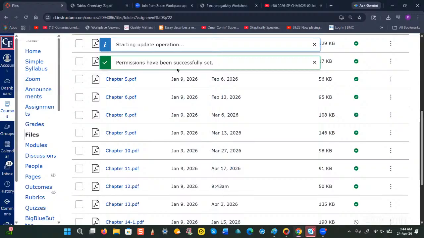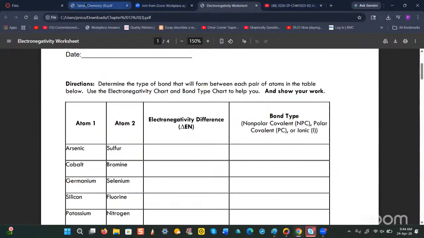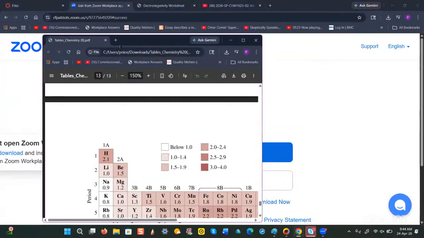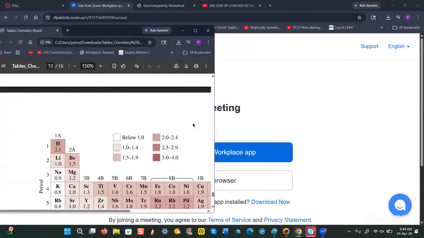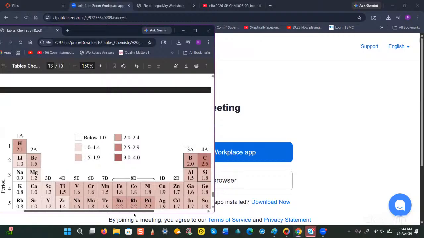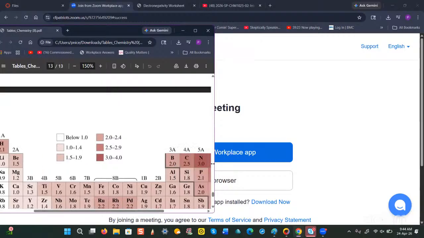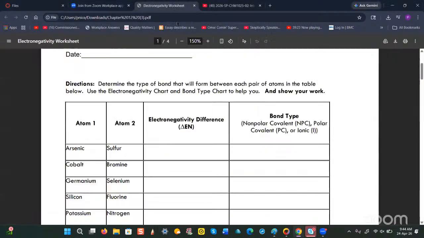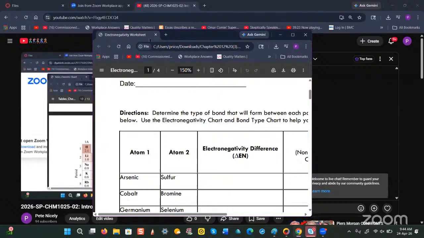Okay, so you guys out there in Zoom should now be able to access assignment number 12, all right? So this is assignment number 12, and this is the table that you're going to use. So let me take this out and put it aside so we can refer to it. Okay, and this is the assignment here. Take that aside, put it over here.